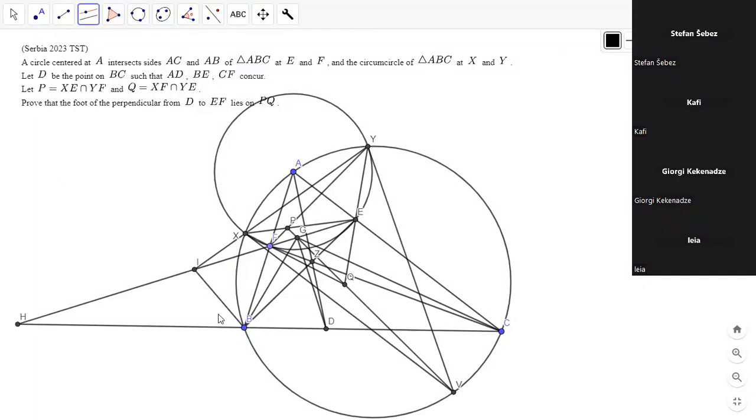Sorry, what is BI parallel to? BI parallel to SC, maybe. No, sorry.